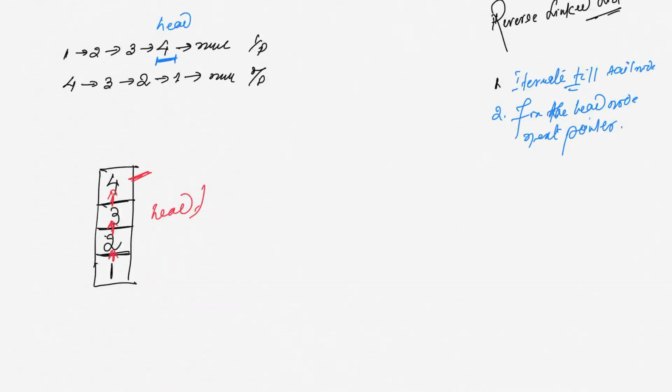When it calls back in the recursion stack, the next node, 3, will become the head. Once 3 is the head, we ask for head dot next. The important part is that head dot next dot next is head, and then we make head dot next equal to null. So iterate till the tail node, return the tail node, make the tail node the head node, and fix the next pointer.